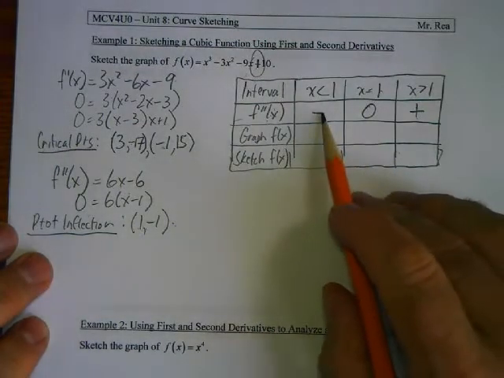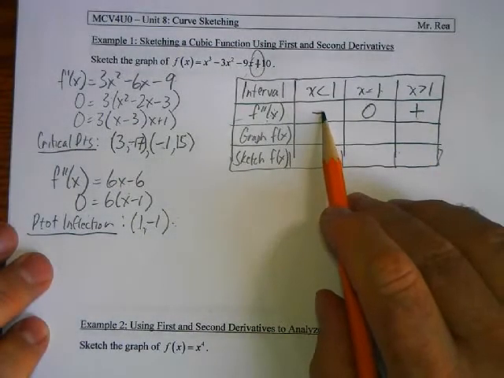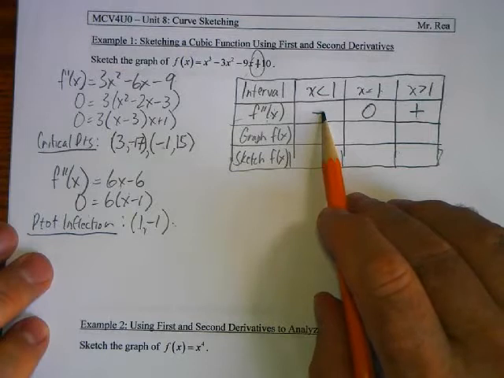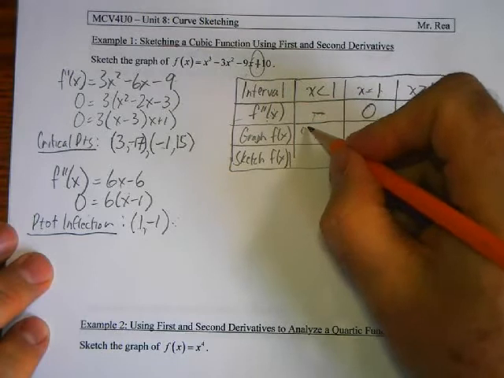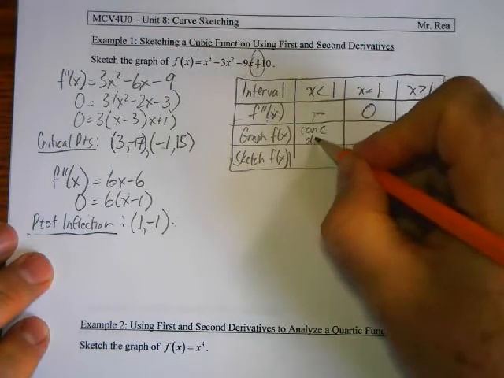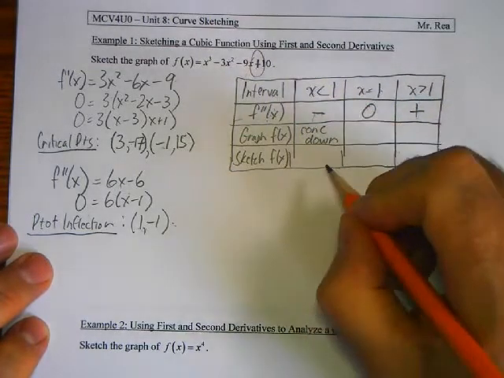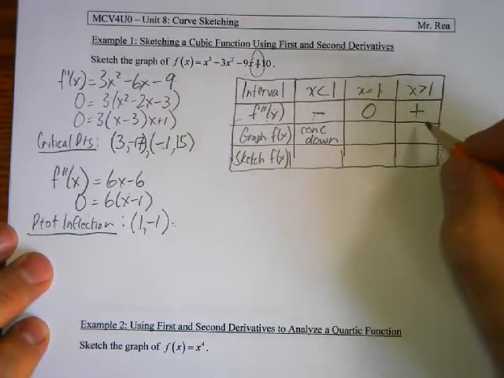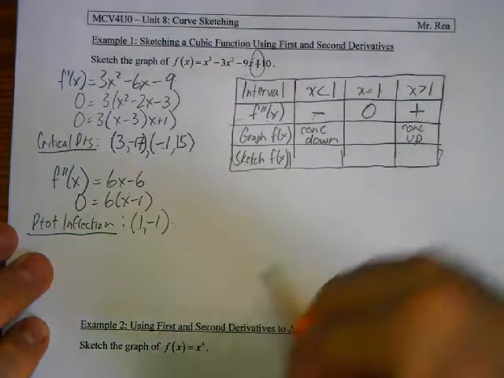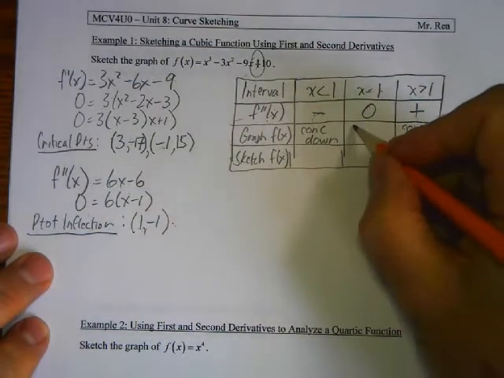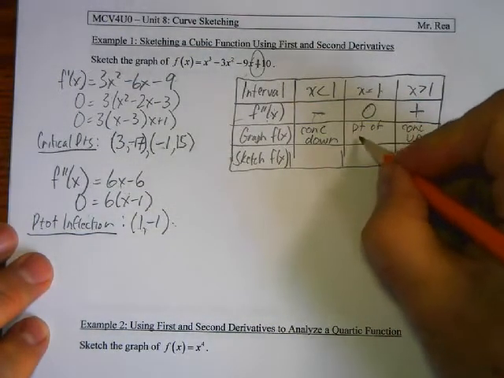Now all I do is convert these signs using the definition of concave up and concave down. Concave down is when the second derivative is negative, so concave down. Then I've got concave up, and this is probably going to be a point of inflection.